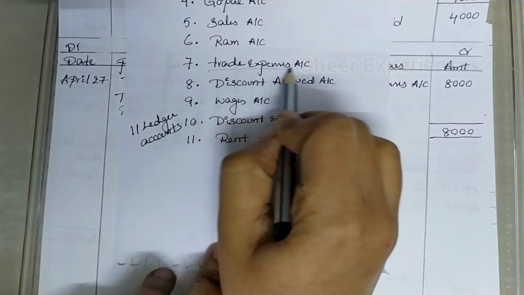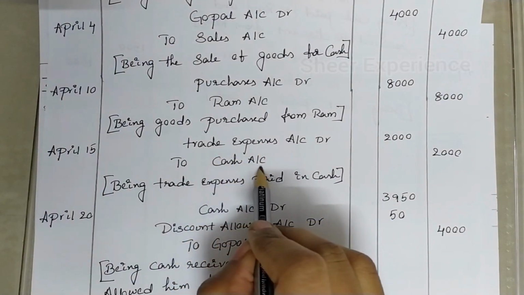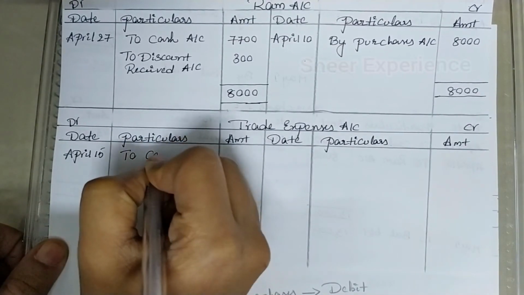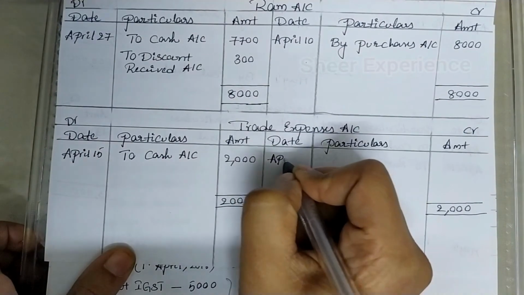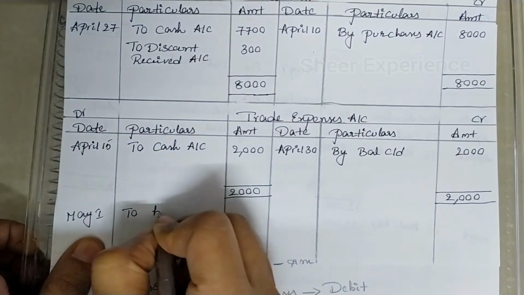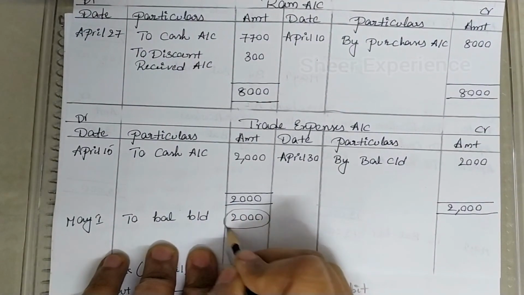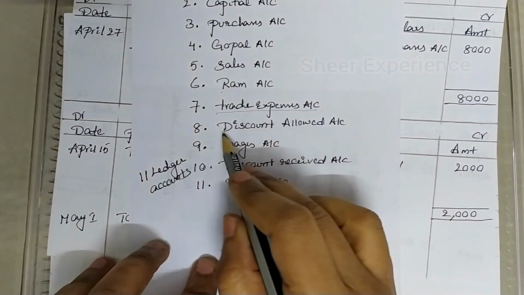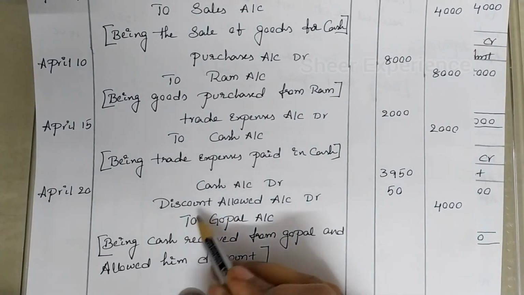Next account is trade expenses. Here cash is credited. We will mention it on the debit side in the ledger. Trade expense balance is 2,000. Next account is discount allowed account. Here Gopal account is credited.